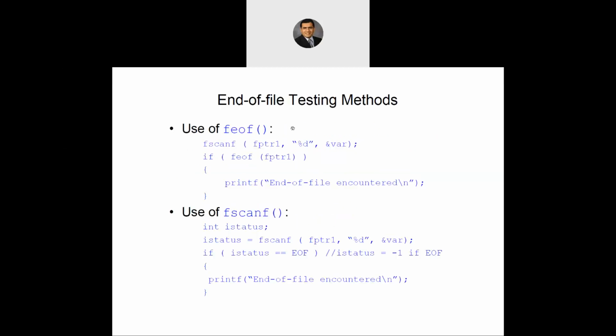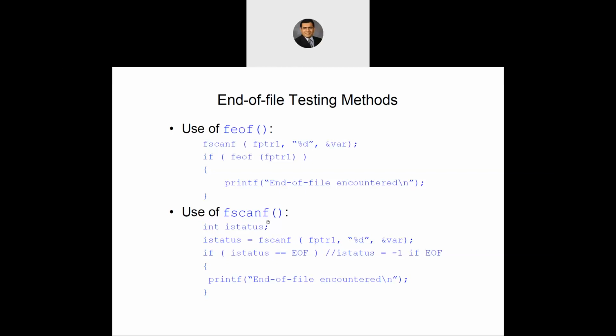One way of finding out whether you have reached the end of file: let's say I use fscanf and I store the value inside a variable var, whatever it reads. Now if I say if FEOF of this file pointer, that means if the file pointer is pointing to the end of file, then print end of file is encountered.